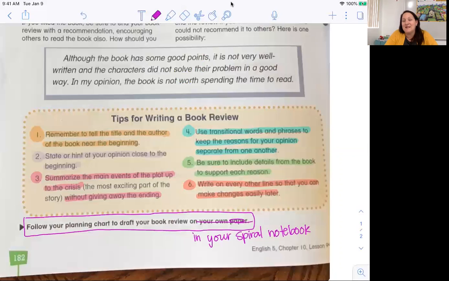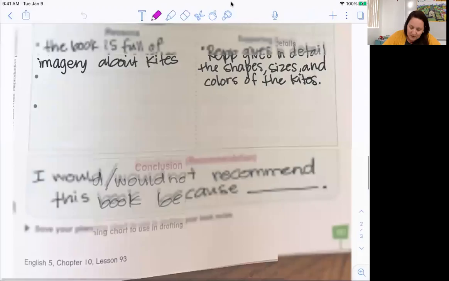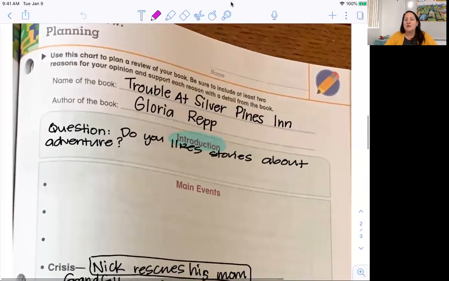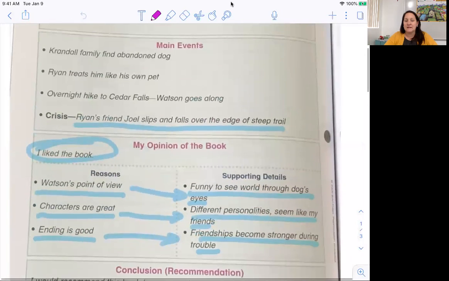If you get behind, then it's not impossible to catch up, but sometimes it's a little bit difficult to catch up when you haven't done all of the steps that lead up to it. And remember, the writing process is all about the steps leading up to it. So speaking of that, I want to look back at yesterday's lesson real quick, and it was lesson 20. You have your reasons, but yours should look something similar to Hudson's.